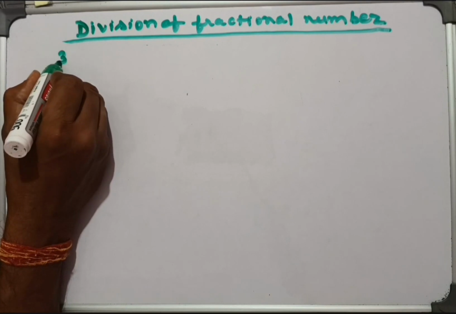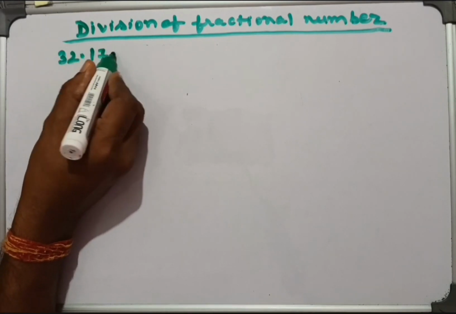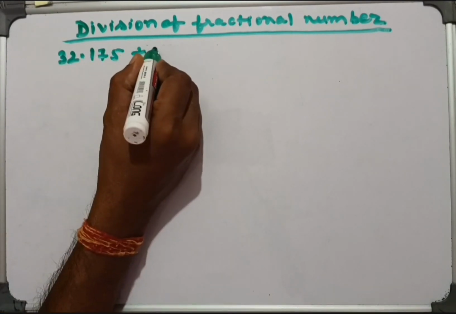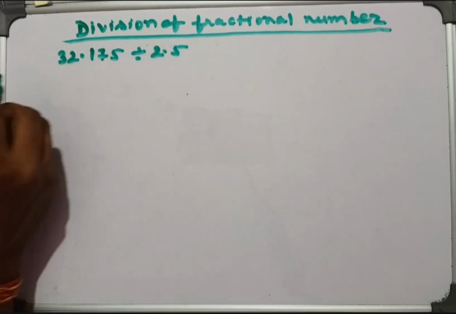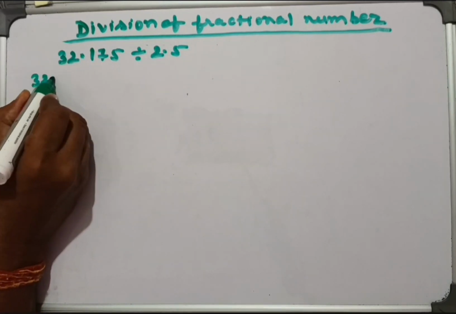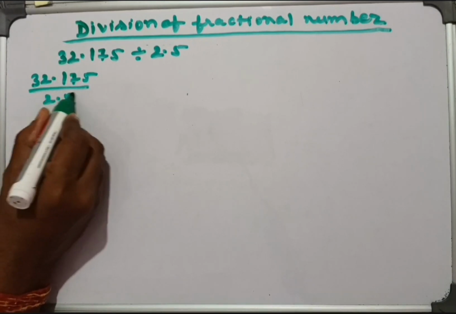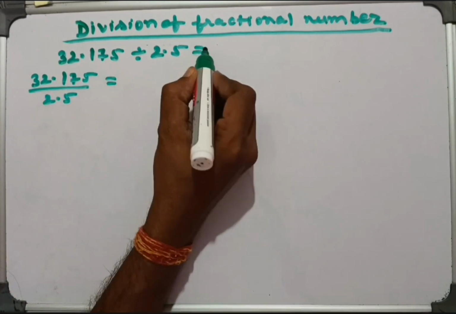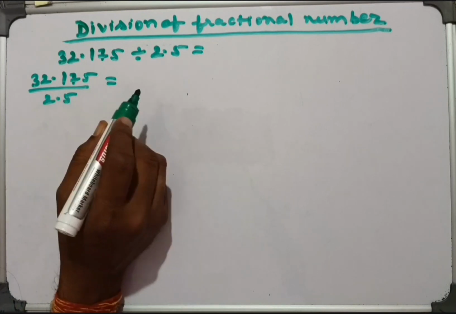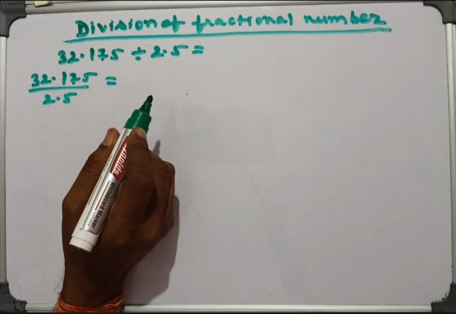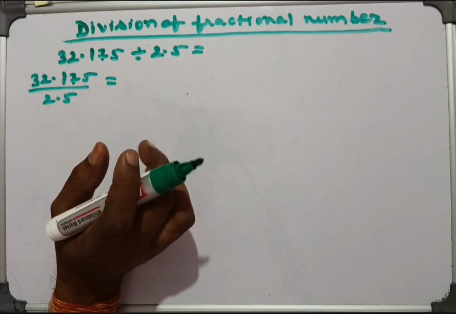Now see another example. The question is 32.175 divided by 2.5. You can write it in another way like this. What will be the solution of this decimal number division?